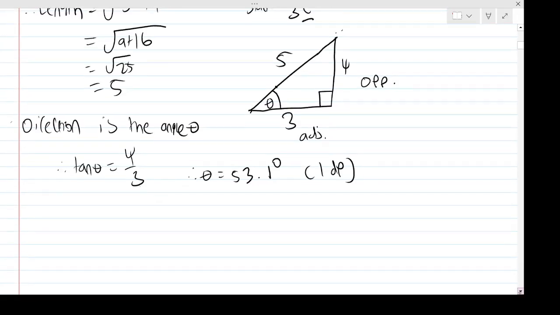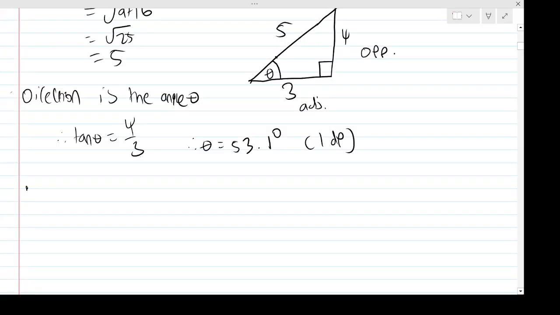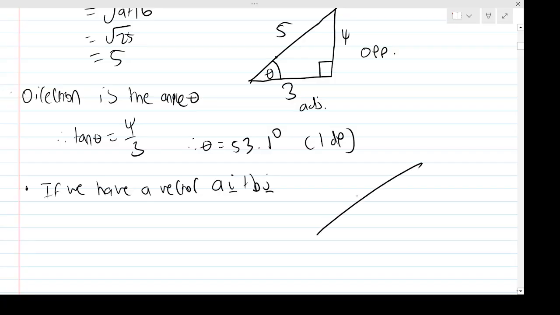So to summarize, if we have a general vector, say a vector aI plus bJ, and I draw that diagram, if we do a similar triangle, firstly the x component is going to be the I part, so that's aI, and then upwards is going to be bJ.